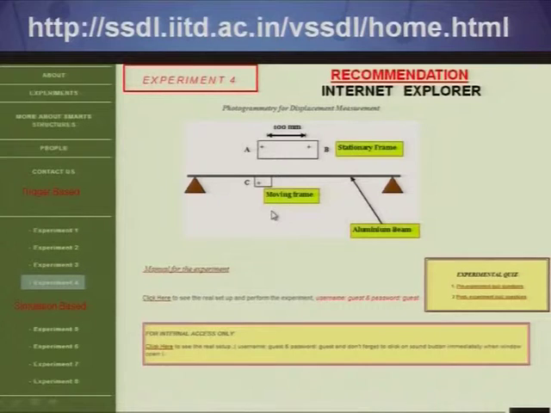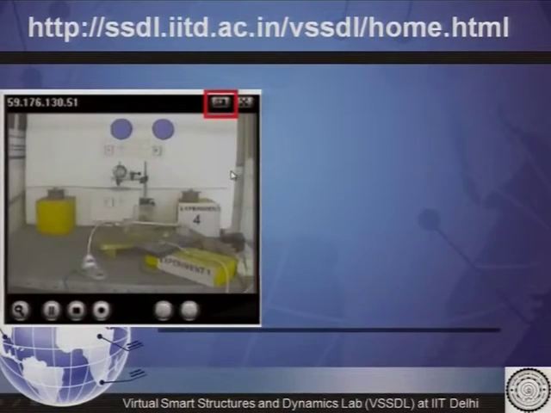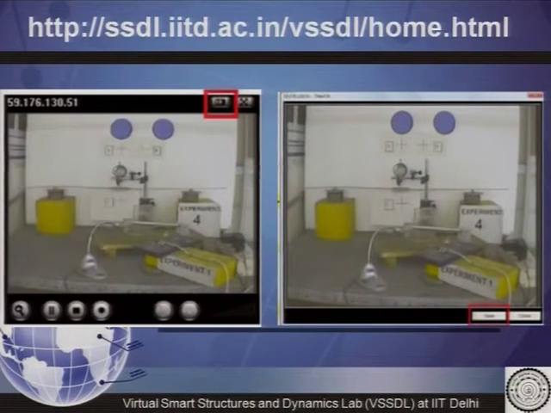In experiment number 4, it is based on photogrammetry. So, when he performs experiment 4, he will be prompted to this window. The user then needs to capture this picture and save it for the first case when there is no weight on this beam.